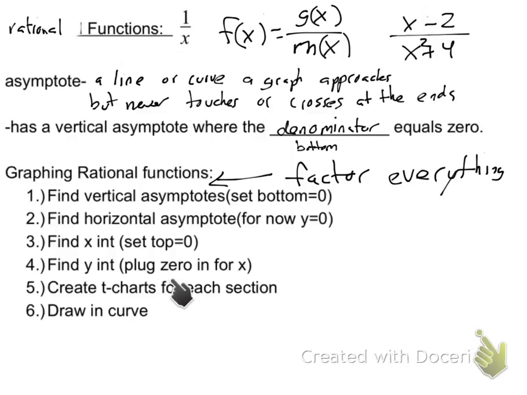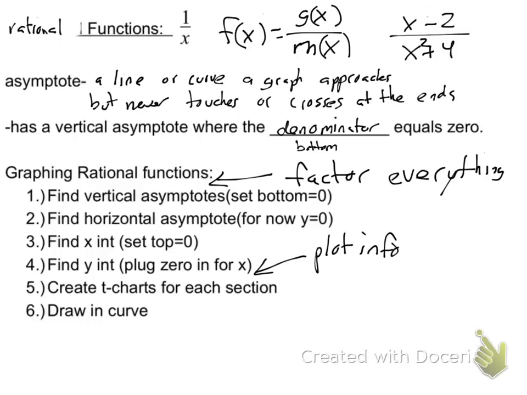Once we've done all of this, actually, I realize that we also need to put another one in here, because it doesn't make sense just to make t-charts. Plot info. Put it all on the graph, guys. I want you to factor it, find your vertical, horizontal asymptotes, x and y intercepts, and then once you have all of that fun information, I want you to put it on a graph.